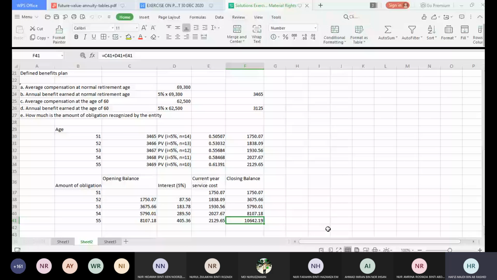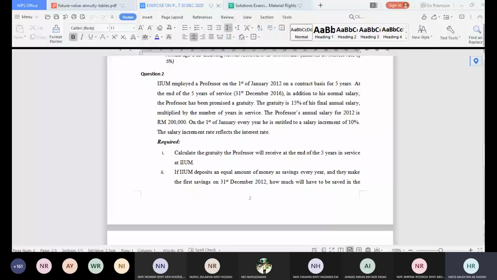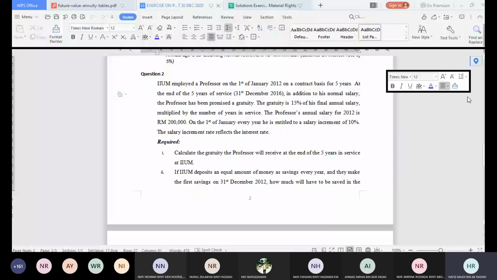And then I just want to share with you another type of question here. I also sometimes ask this kind of question. It's like an illustration, like the illustration which had been given before.